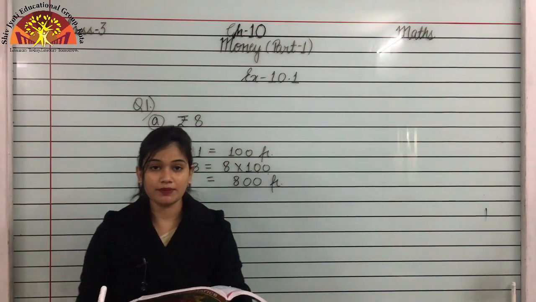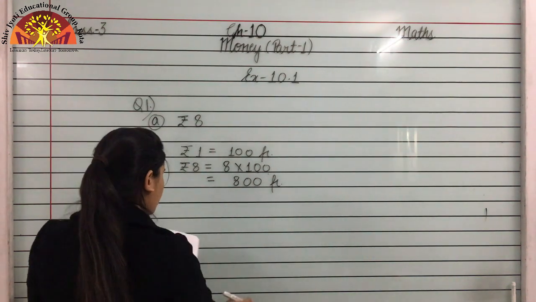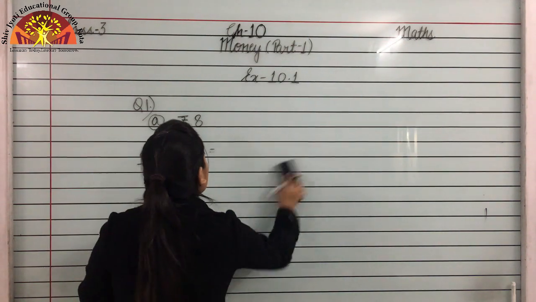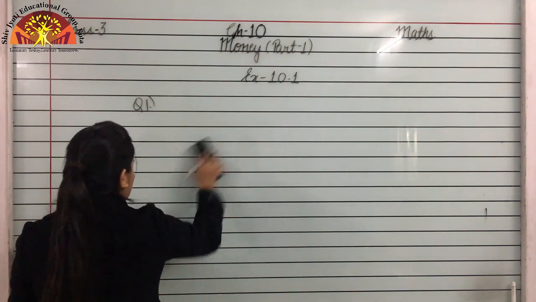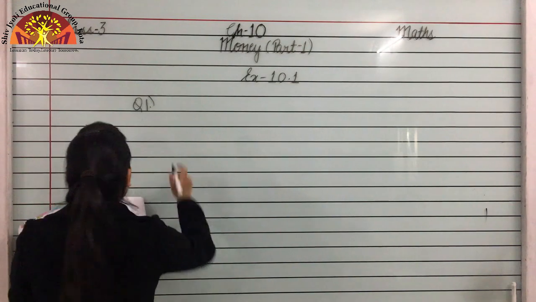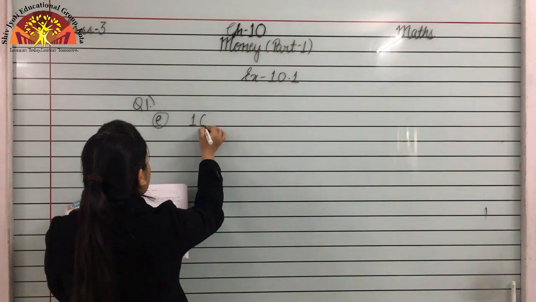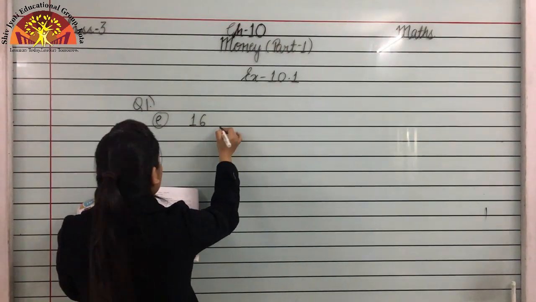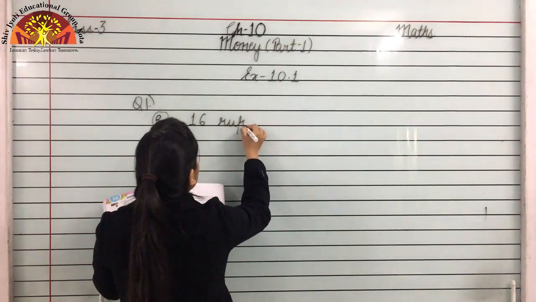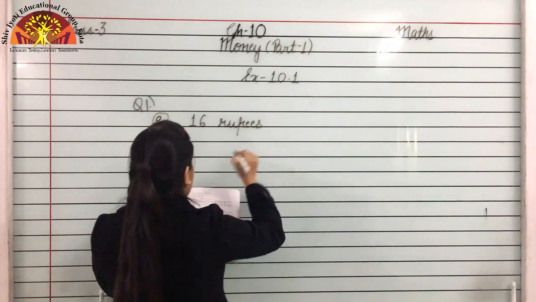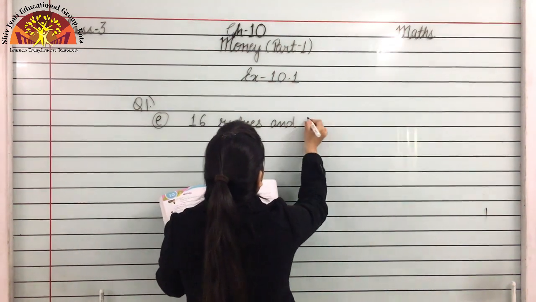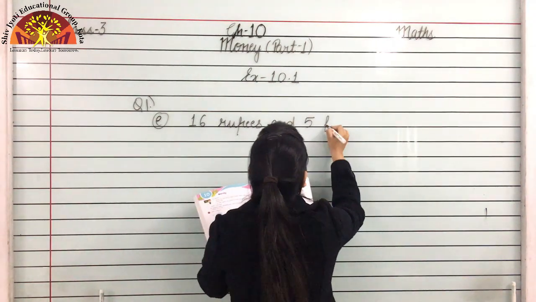So now we have seen question number 1, A part. Now I am taking E part of this question. Okay, E part of question number 1. Again in this E part we have to convert rupees to paise. In E part we have 16 rupees and 5 paise.